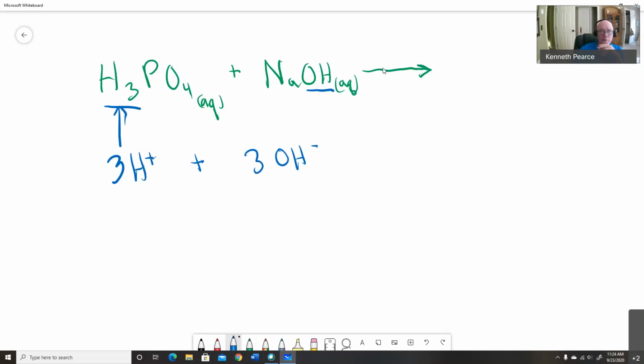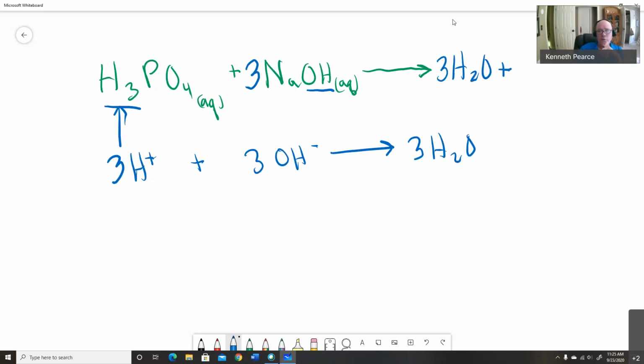Remember what I said about the net reaction telling you how to balance it. And if I need 3 OHs, I'm going to have to put a 3 over here to balance out the 3 H pluses. We're not even thinking about the sodium and the phosphate for the moment. And then that would give us 3 waters. Remember what I said, 3 to 3 to 3. And so we have 3 waters up here.